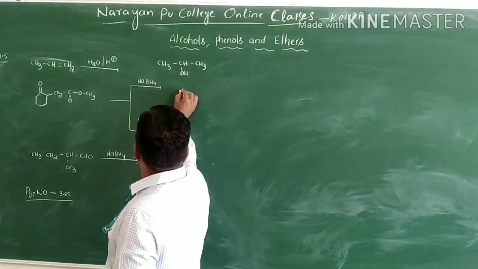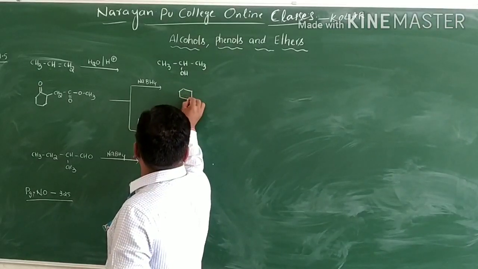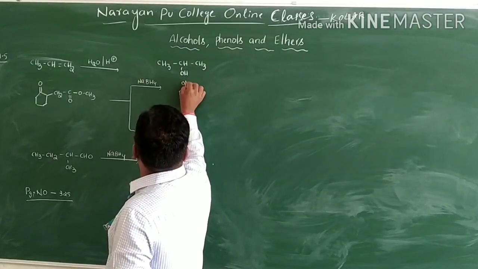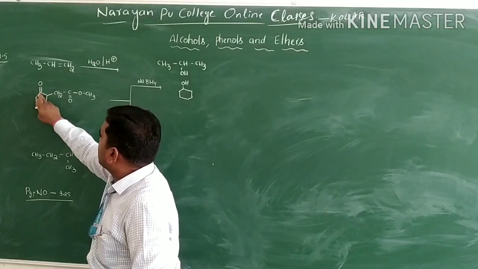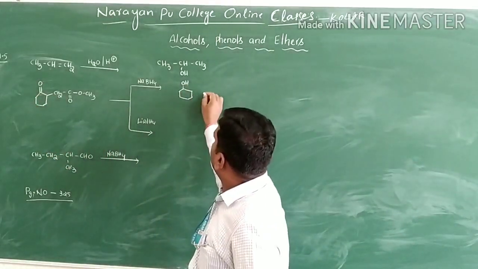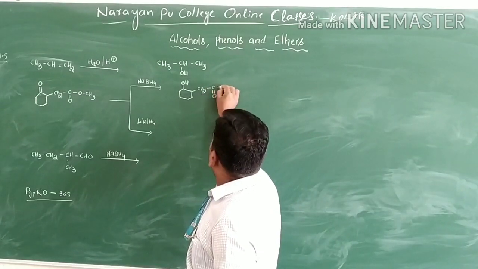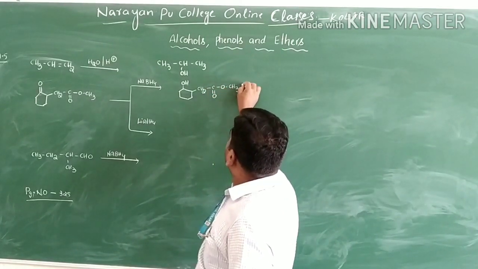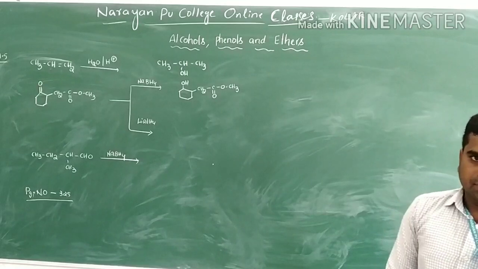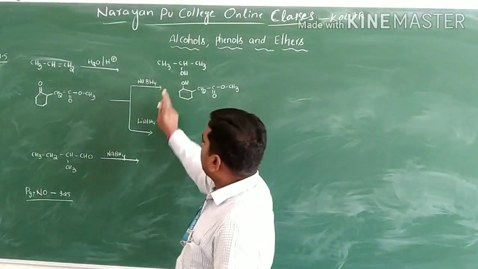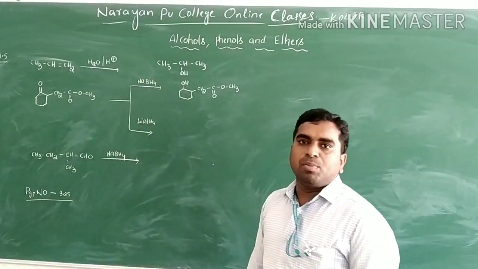So you already know what compound you will get: here C=O is converted to CHOH. That is one. Plus, here this ester group will not be reduced by sodium borohydride.